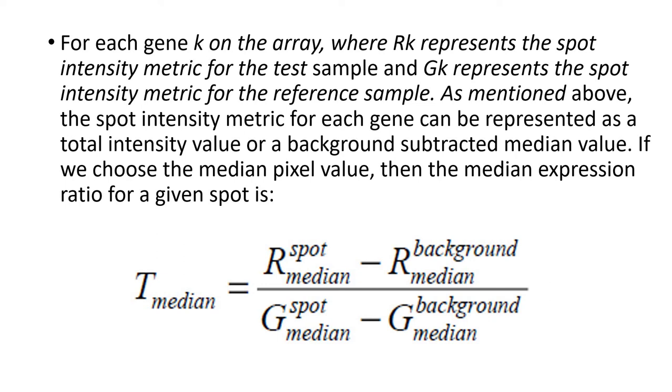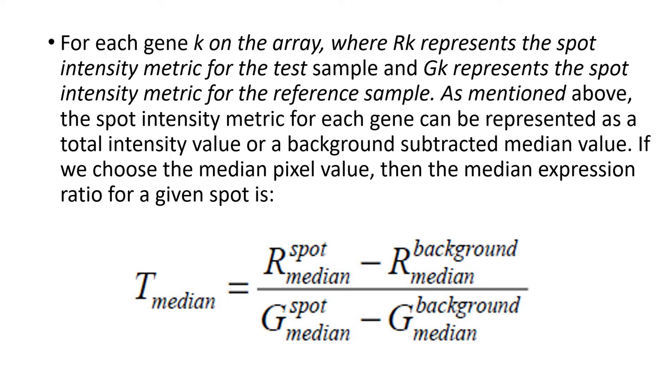In this formula, the upper side denotes the spot intensity. The spot intensity of the test sample will be divided by the spot intensity of the reference sample. How is the spot intensity calculated? We subtract the background median intensity from the spot median intensity.